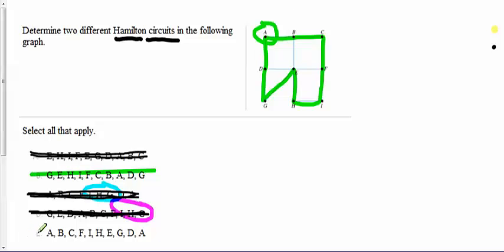So again, we'll highlight that green as in good. That is a Hamilton circuit. So the answers would be B and E are the Hamilton circuits for that graph.